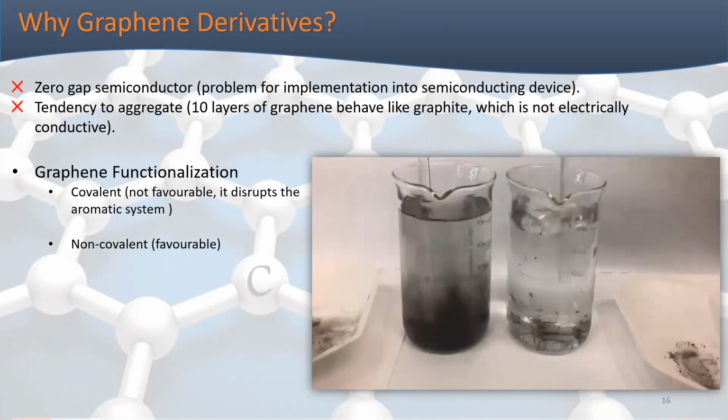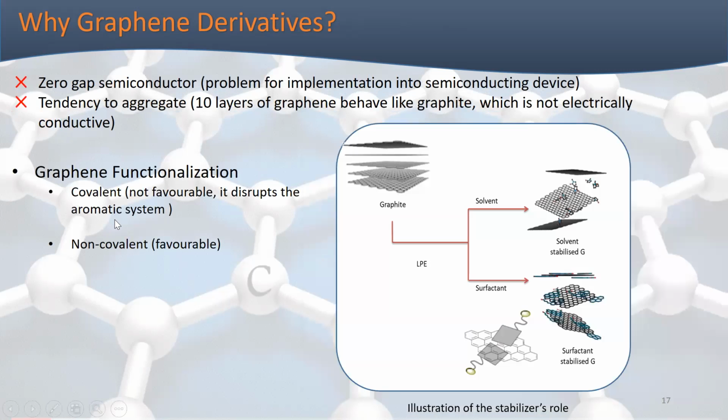Alteration of the graphene surface in order to overcome this issue can be achieved by either covalent functionalization, which is not favorable because it disturbs the aromatic system within the basal planes, influencing the conductivity of graphene, or by non-covalent stabilization, which means dispersion of graphene in particular solvents, as schematized in this figure.